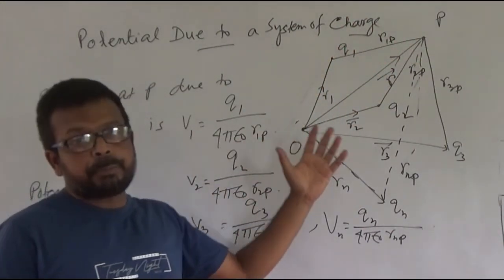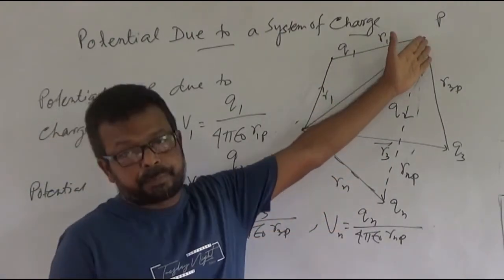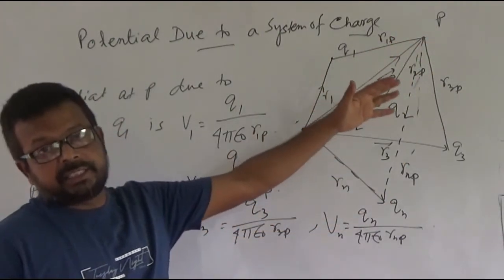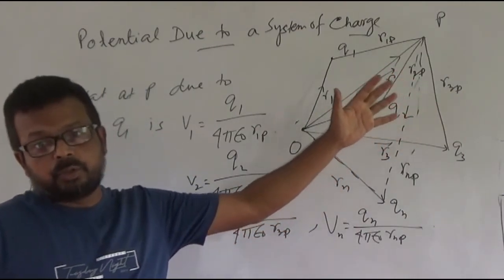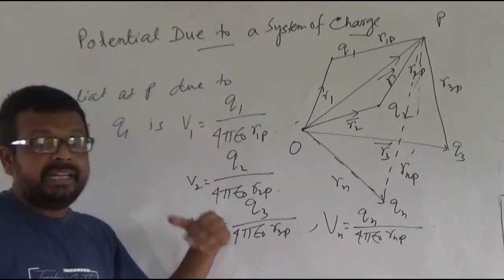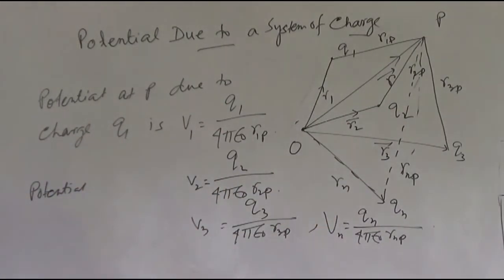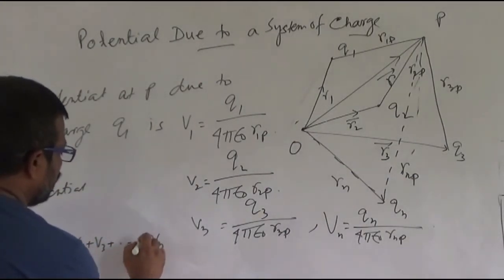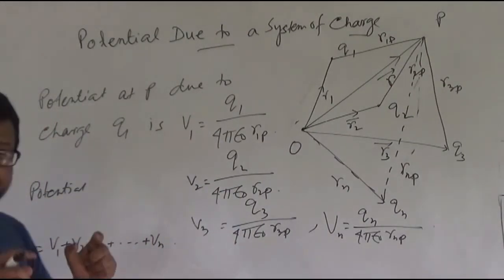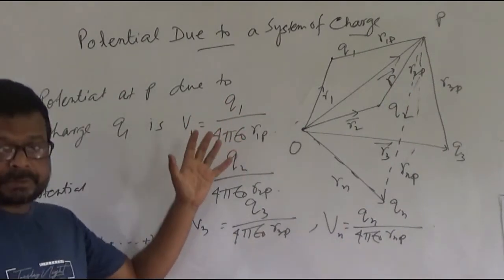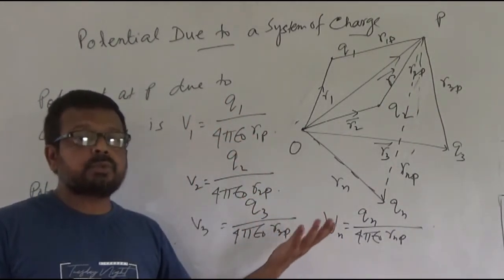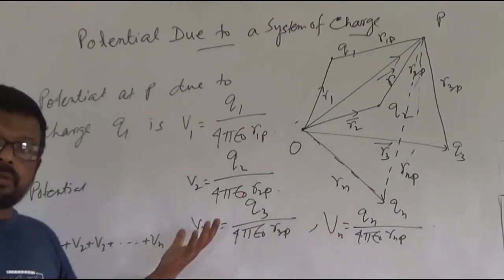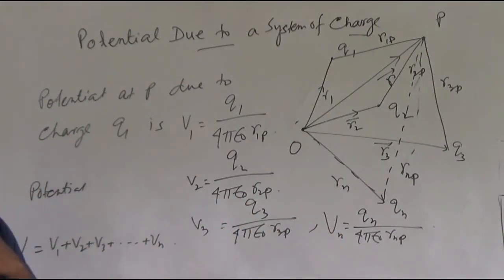Now applying the superposition principle, we can write potential at P as V equals V1 plus V2 plus V3 dot dot dot plus Vn, and these are an algebraic sum. That means if some charges are negative, then some potentials will be negative. You have to take into account those negative signs also.